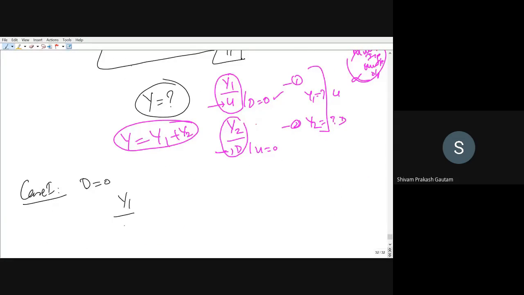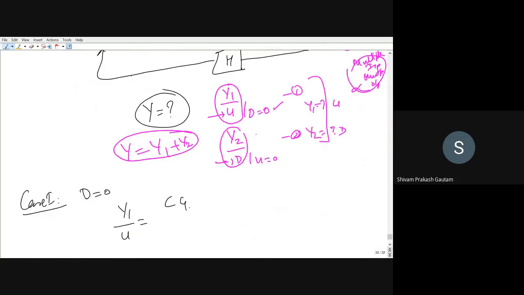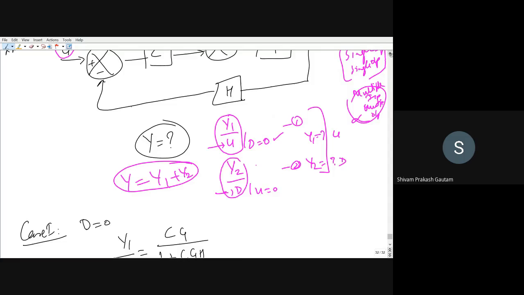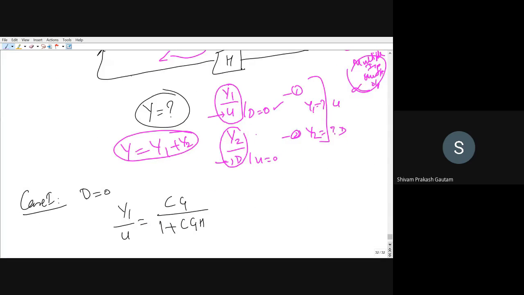Just see, C and G are in cascade, and the whole is a negative feedback loop. So y1 by u is equal to CG upon 1 plus CGH. Should we move forward?